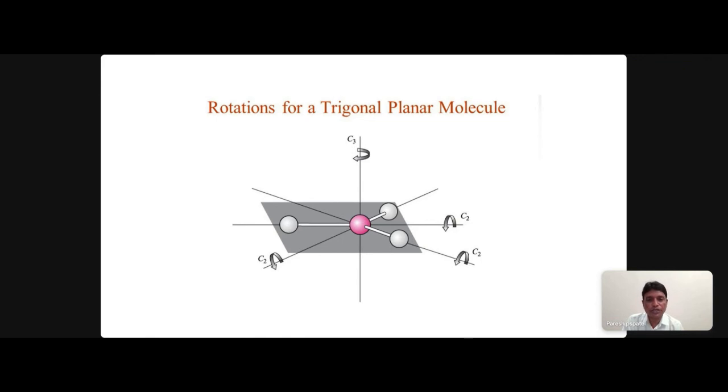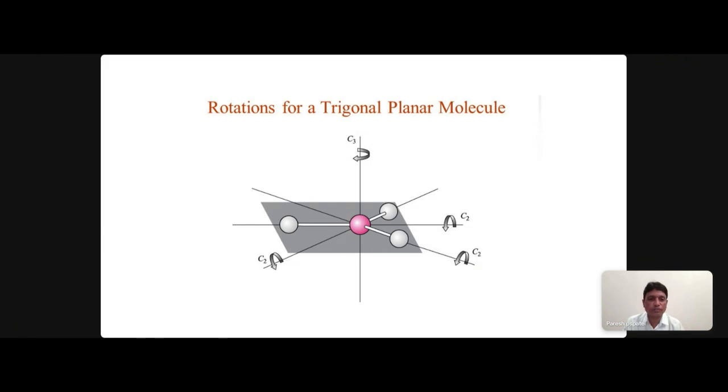So here n is equal to 360 divided by 120, which is 3, meaning the order of axis is equal to 3 for this axis. Now in case of 1, 2 and 3, if we rotate the molecule along this axis by 180 degrees, we get an equivalent orientation.